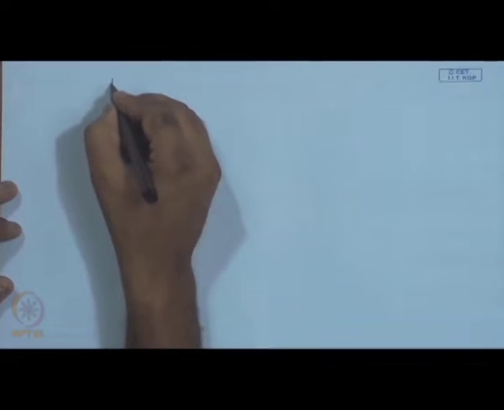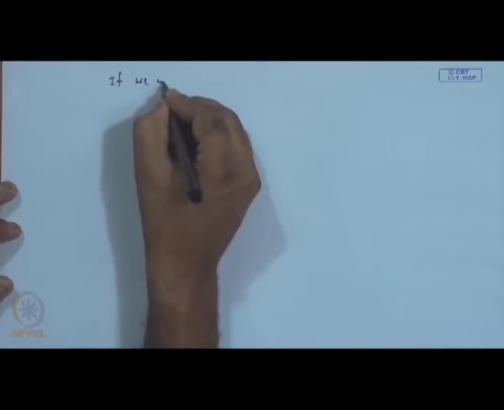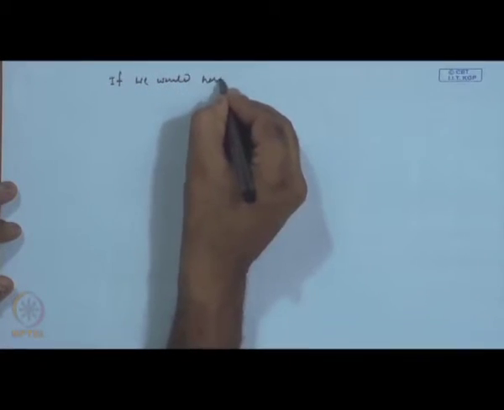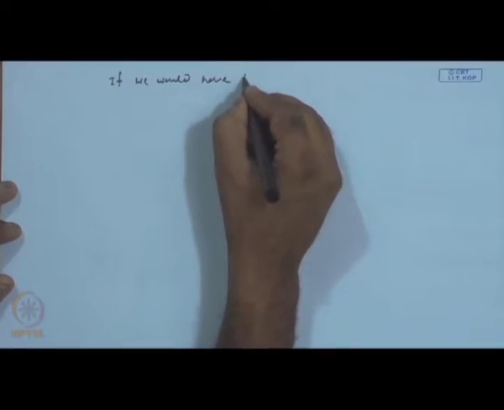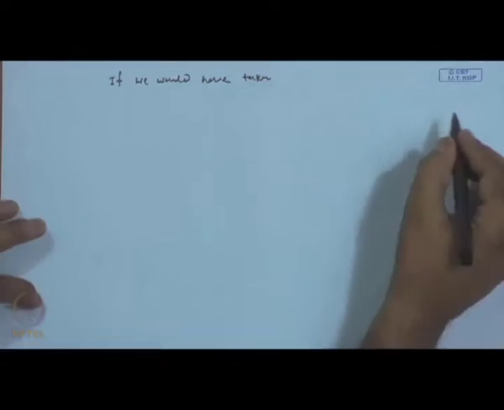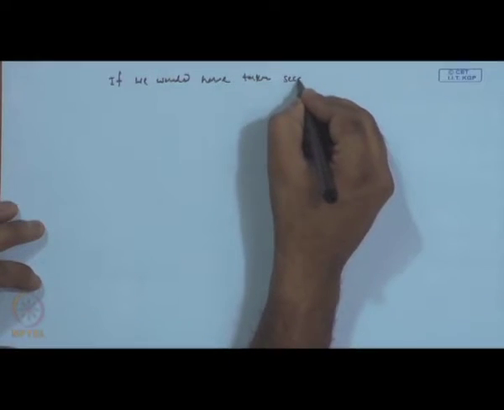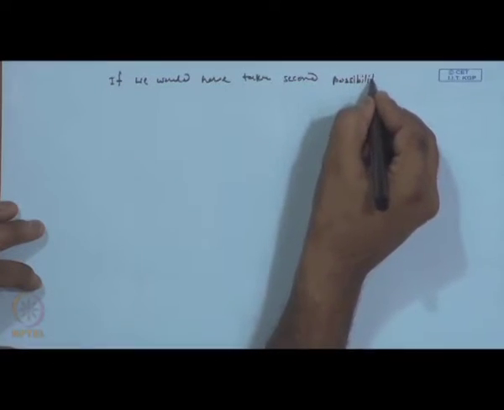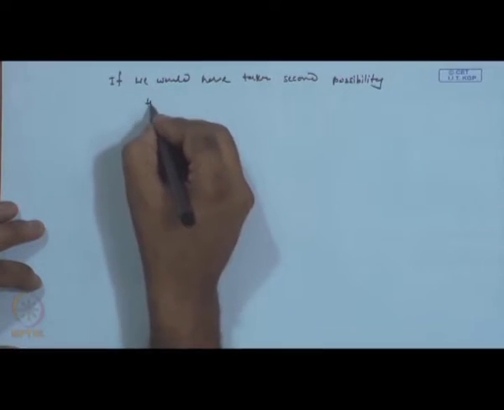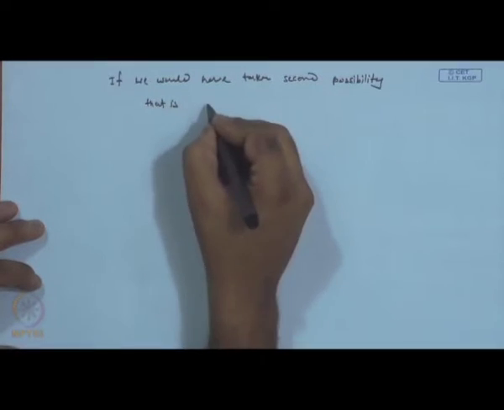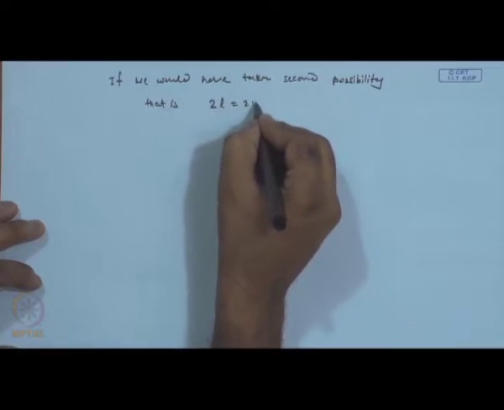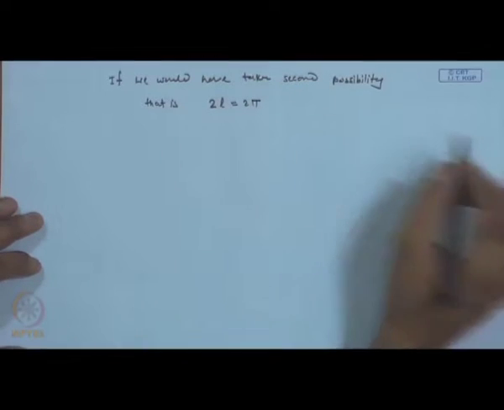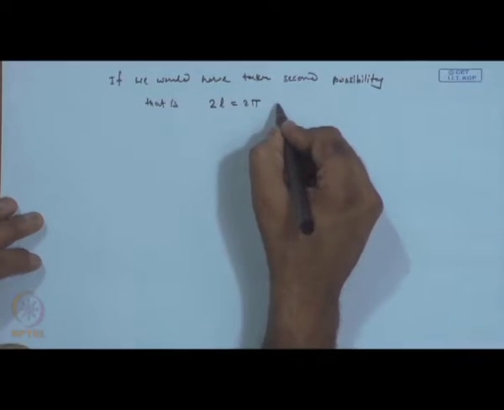So, now we take the second approach. If we would have taken the second possibility, that is, the period is 2 pi. So, we take again minus pi to pi, the standard interval.